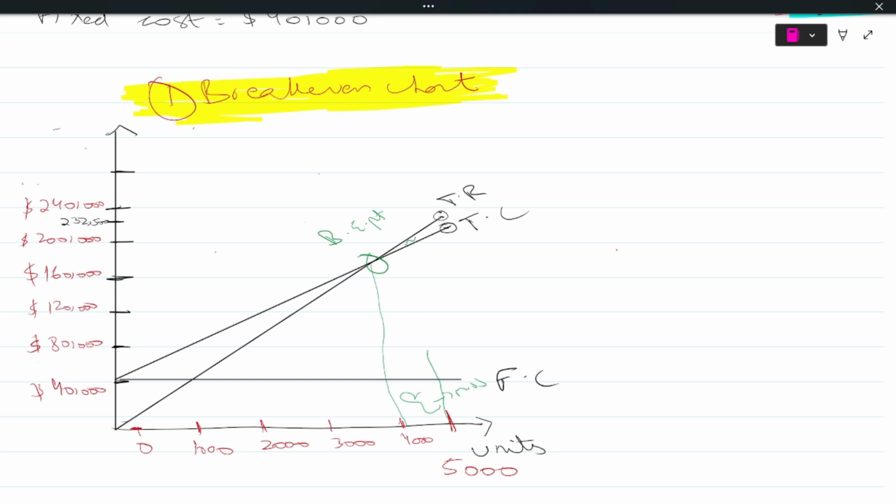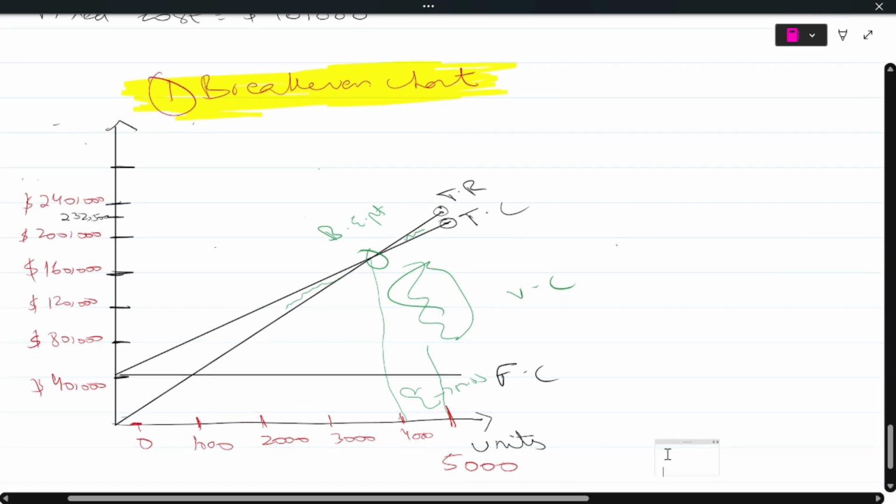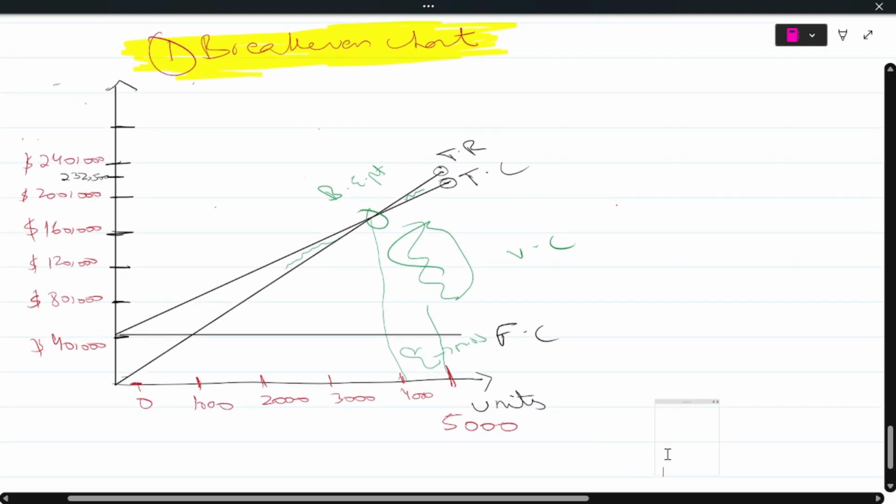The area above the break-even is the profit, the one that is below it is the loss, right? And the area between the total cost and the fixed cost is basically your variable cost, right? So all these things remain the same even for the multi-product situations. We should just have the knowledge of how it is drawn, so that whenever MCQs come, you can easily tackle any kind of question related to the charts.